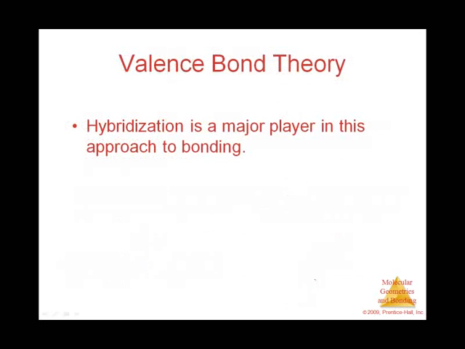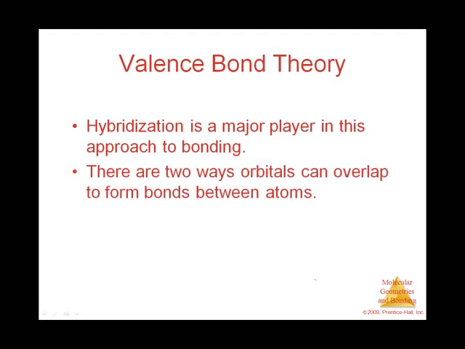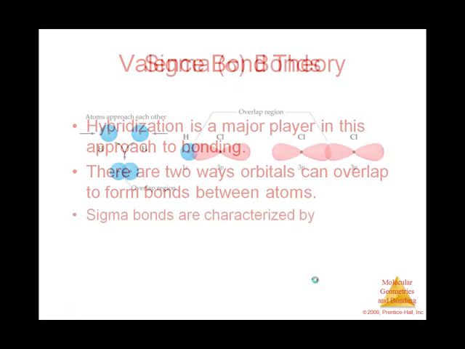Okay, so we're going to talk now about a different theory that's somewhat supportive, somewhat a little bit different than VSEPR and what we're talking about with hybridization. This is called valence bond theory. And what it says is there are 2 different ways that orbitals can overlap to form bonds between the atoms.